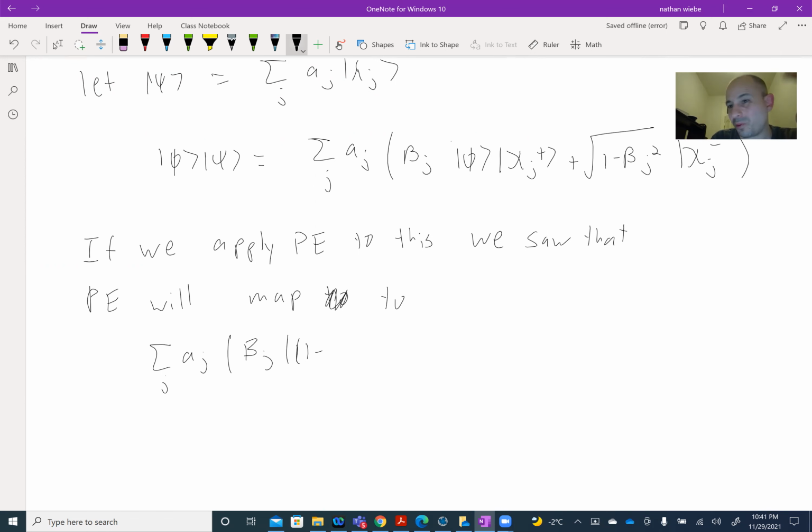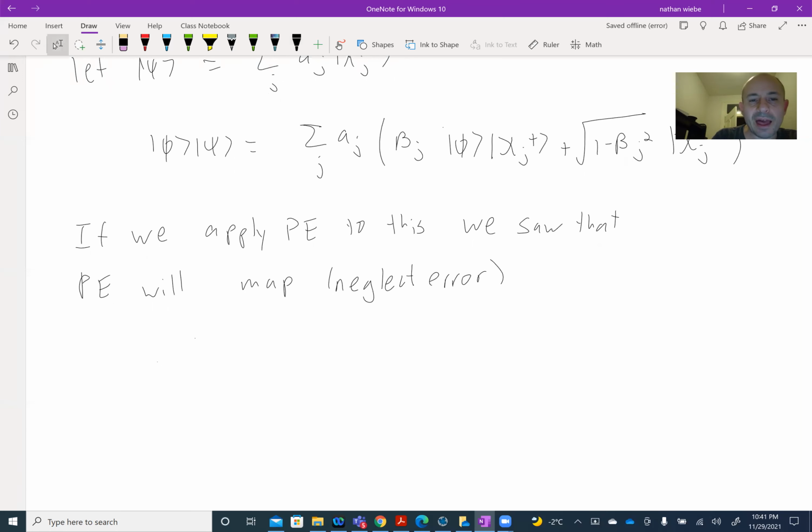Just for simplicity for our discussion at the moment, I'm going to neglect error in the phase estimation process, just to be able to describe what happens. This would happen only if the eigenvalues are precisely roots of unity, as we saw earlier. If they're not quite, then the quantum Fourier transform will lead to some small error that we can make arbitrarily small, but for the sake of simplicity, let's just ignore it.